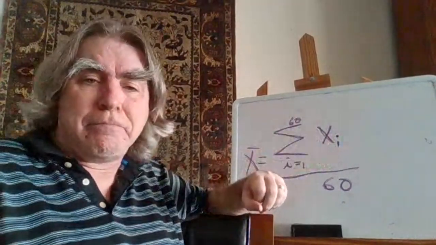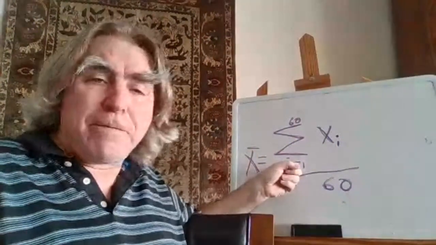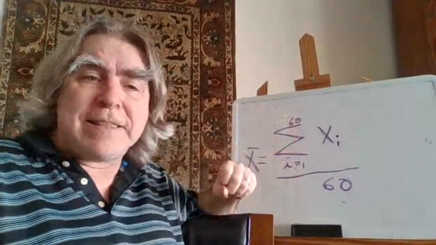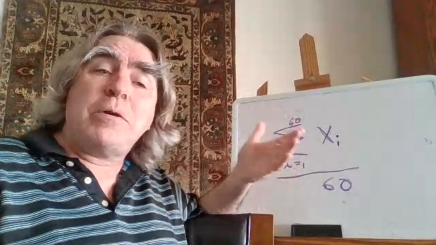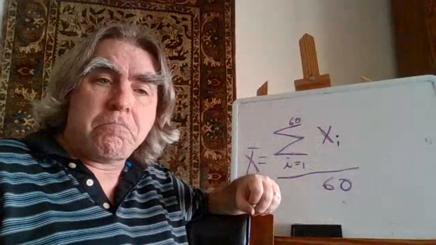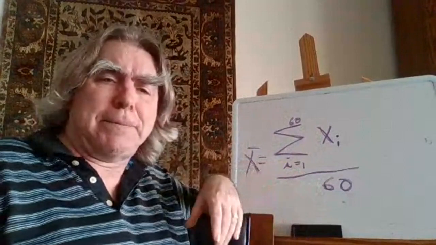The x's. Which x's should I start with? I should start with the first on my list and go to the 60th of the list and add all 60 of those x numbers together. I add them all together and then I divide by 60.